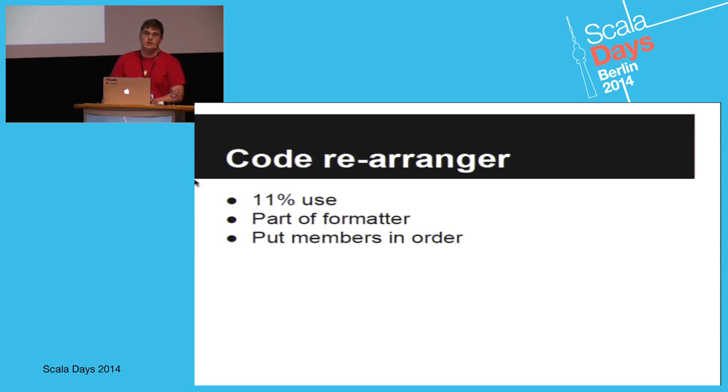So who knows that IntelliJ has the possibility to rearrange entries of class members? Please raise your hands. So it's not really a lot. So probably the problem is that this feature is not really simple to find. Probably this feature is also hard to use, because if you start to rearrange entries in every file, then it can break VCS history, so not everybody wants to use it.